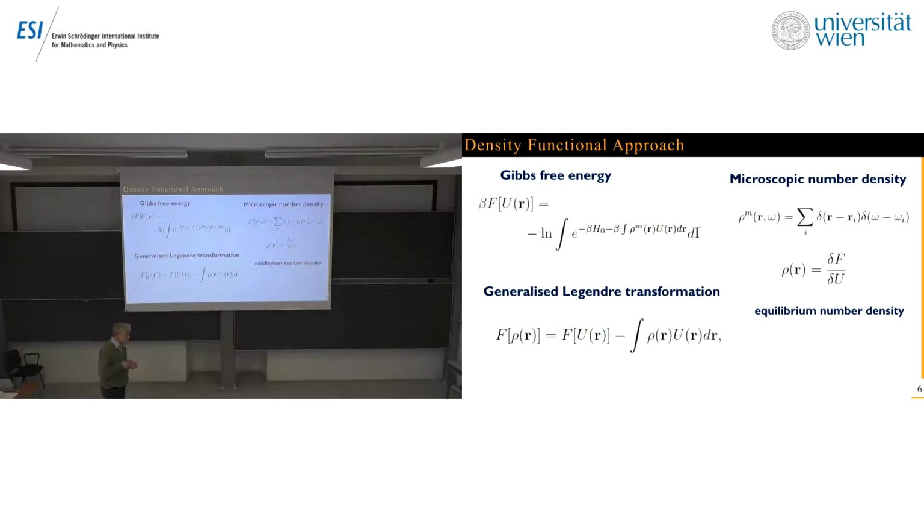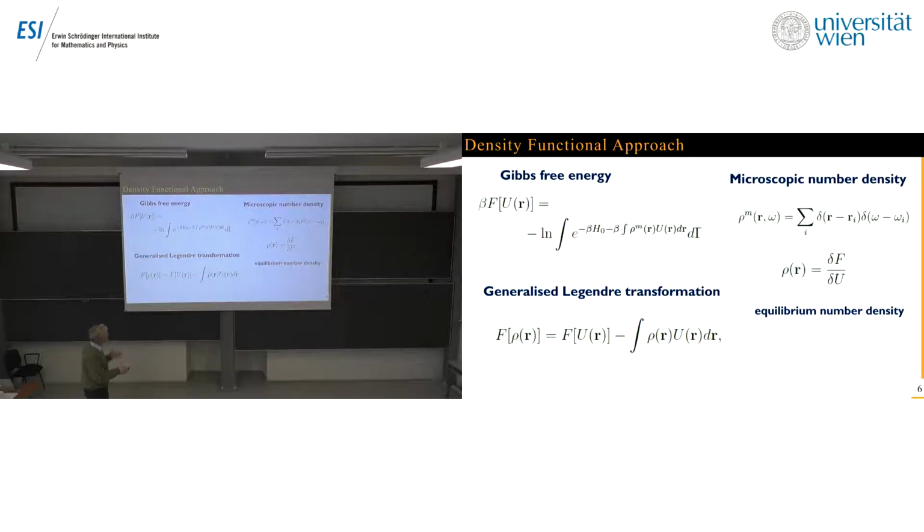Then, as we know in thermodynamics, thermodynamic potentials come in pairs. There is a pair of conjugated thermodynamic potentials, like, for example, Gibbs free energy and Helmholtz free energy. The conjugated potential then, in the general case, depends on the equilibrium density in the system, because in the Hamiltonian, in the Gibbs free energy, there is a coupling between the external field and the microscopic number density.